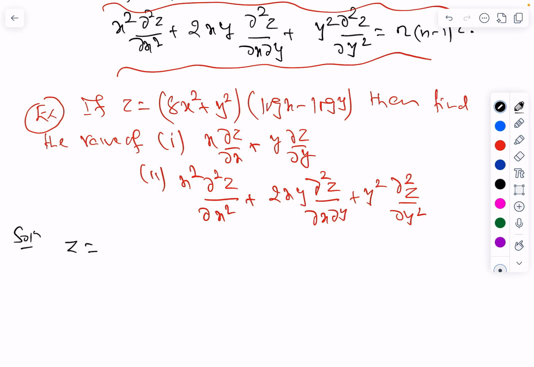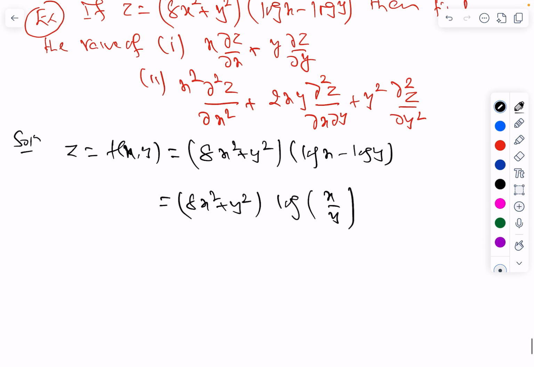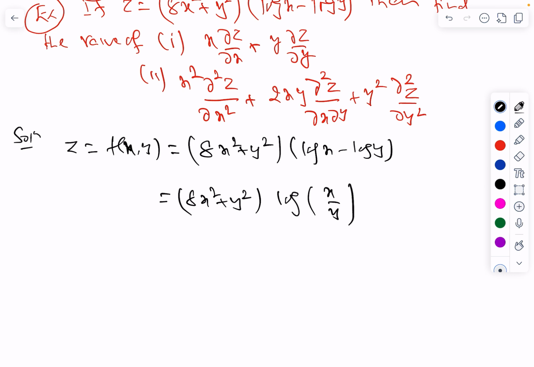So here z we can say equal to f(x,y) equal to (8x² + y²) into (log x − log y). We can write this as (8x² + y²) into log of x by y, using the property of logarithm.